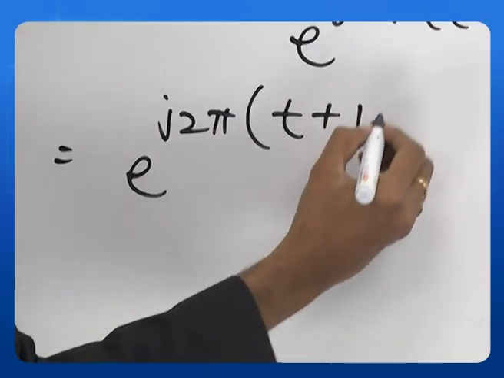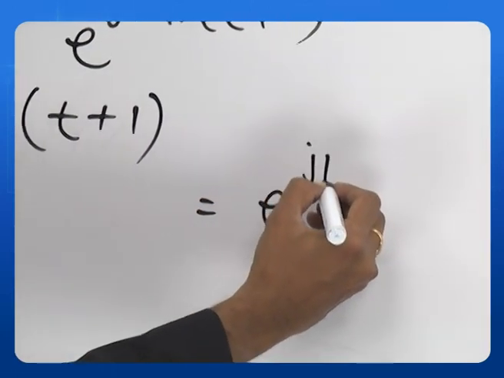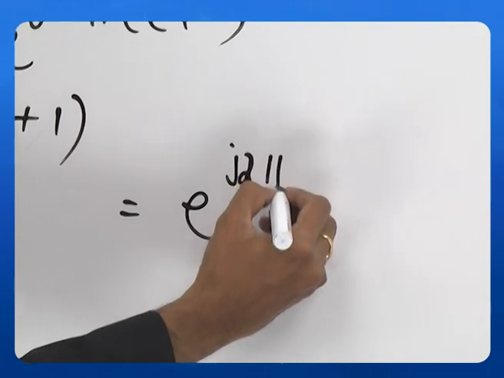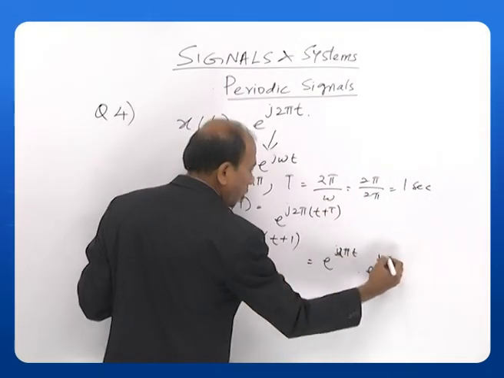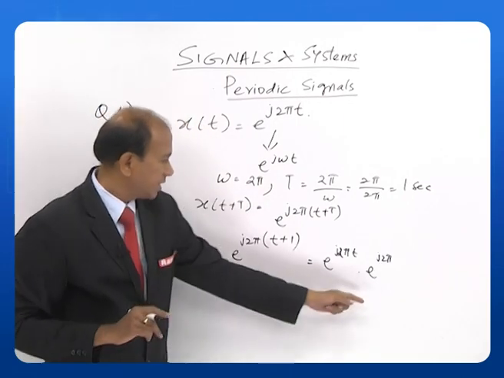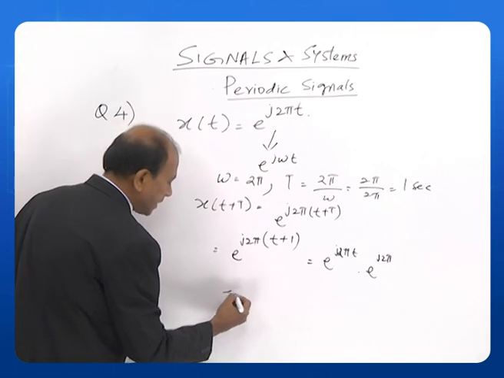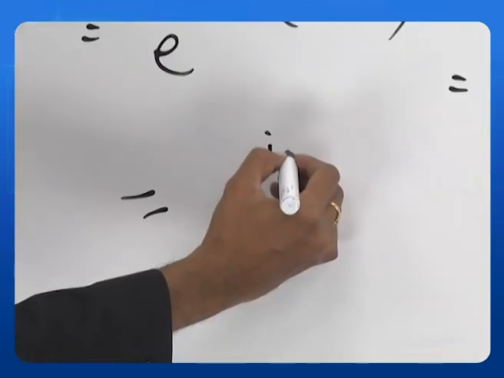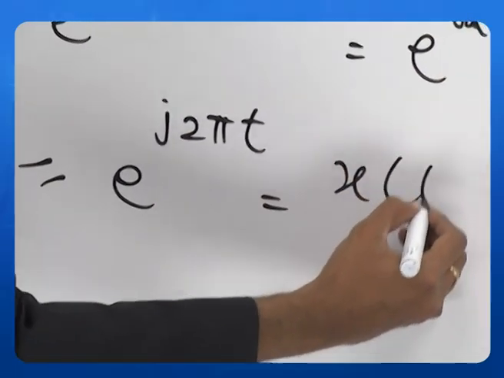Here it is 1. So this is nothing but e to the power of j 2 pi t into e to the power of j 2 pi. So this is again equal to 1. So this is equal to e to the power of j 2 pi t, which is nothing but our x of t.